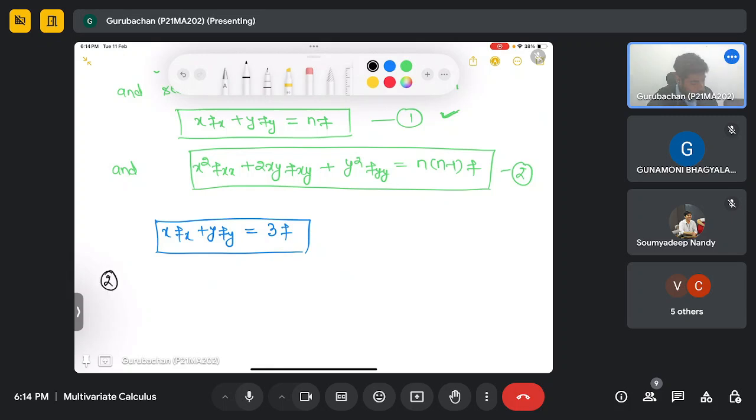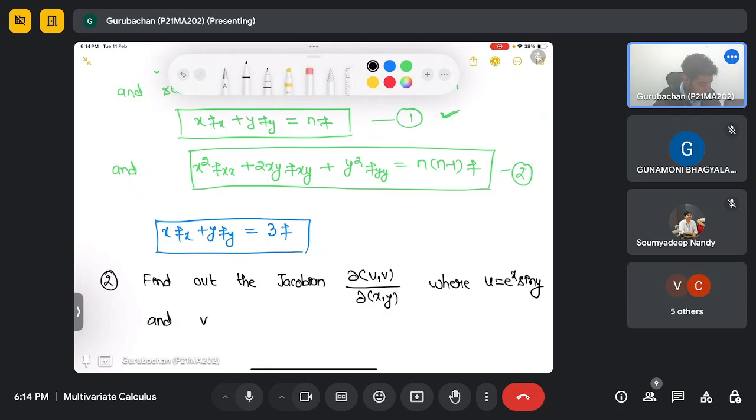The second question is: find out the Jacobian del uv divided by del xy, where u is equal to e to the power x sin y and v is equal to x ln sin y.